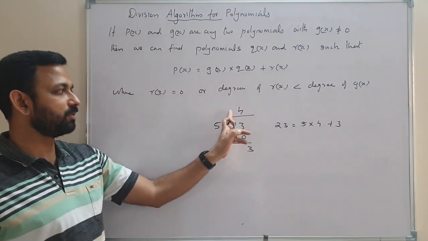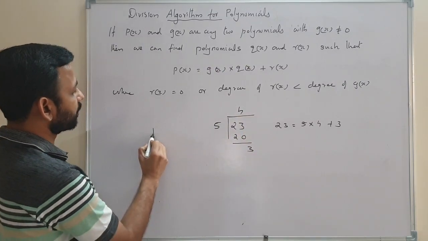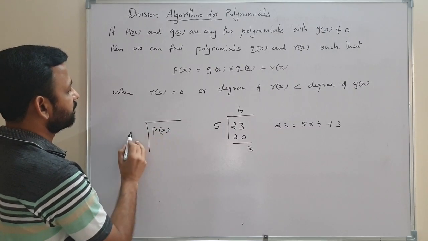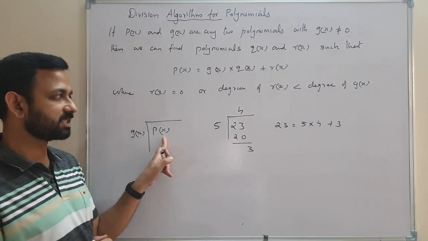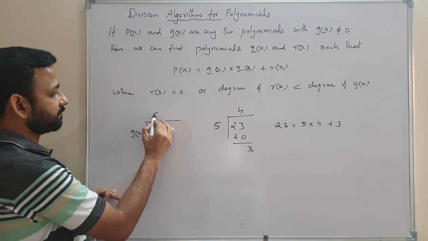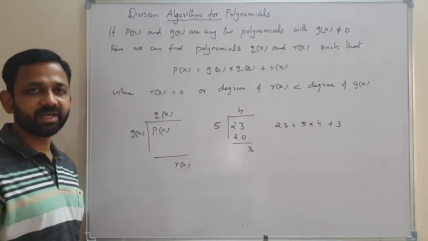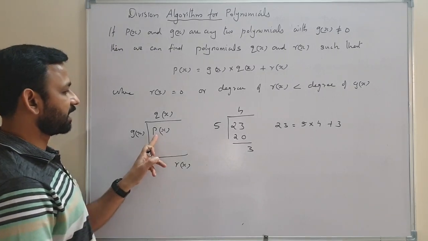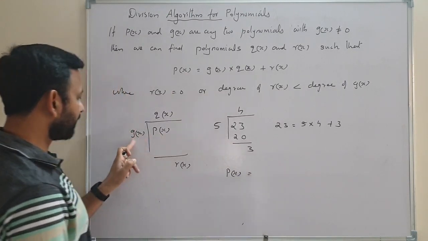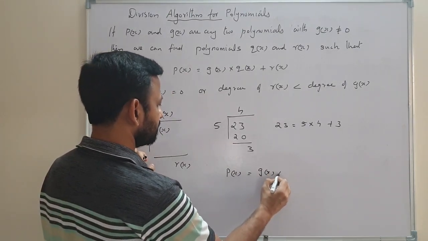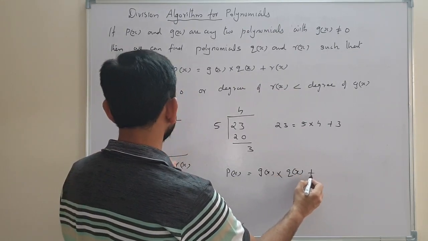In the same way, when we divide a polynomial p(x) by g(x), and suppose we get a quotient q(x) and the remainder r(x), then by the division rule we can write the dividend p(x) equal to the divisor g(x) into quotient plus remainder.